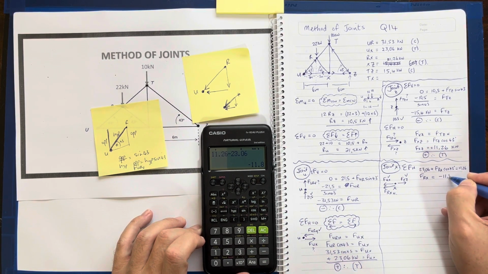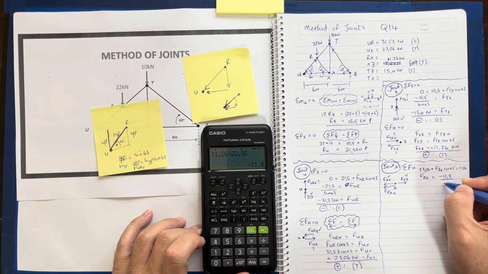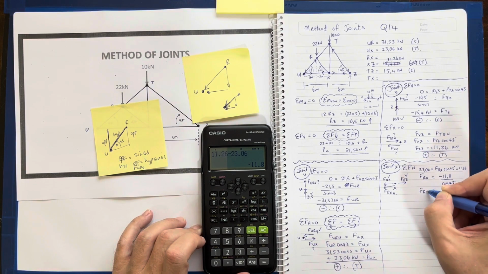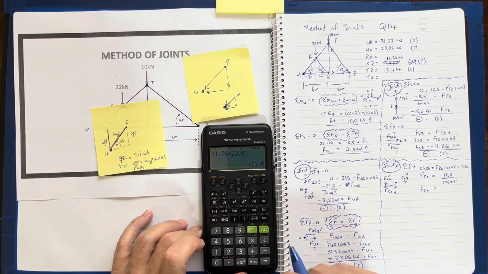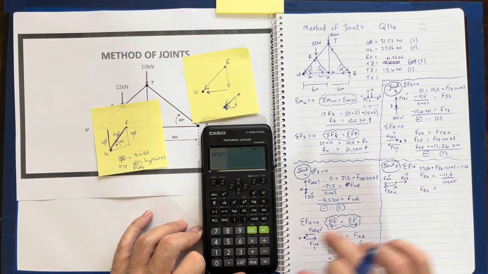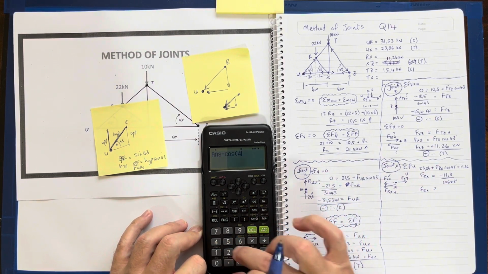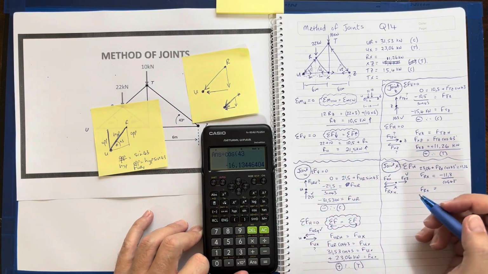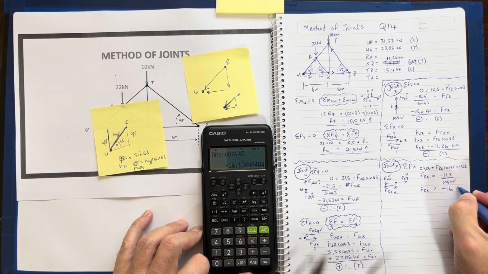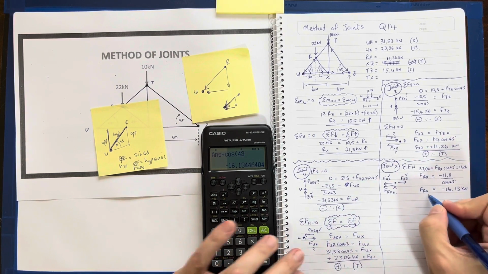negative 11.8 divided by cos 43 degrees. FRX divided by cos 43 is negative 16.13 kilonewtons.